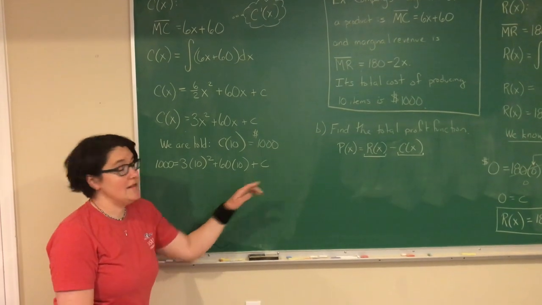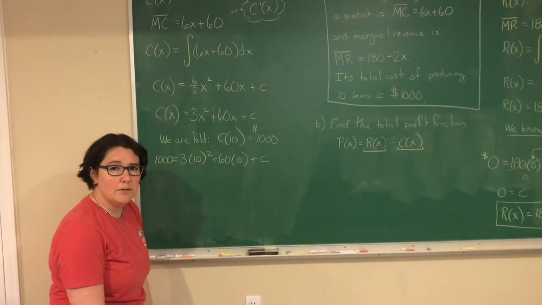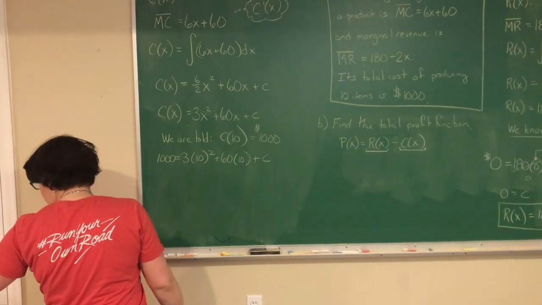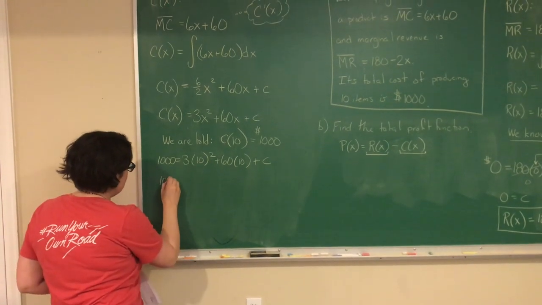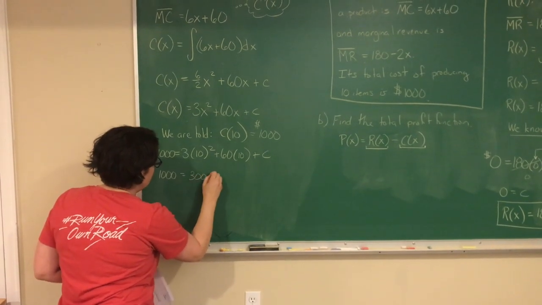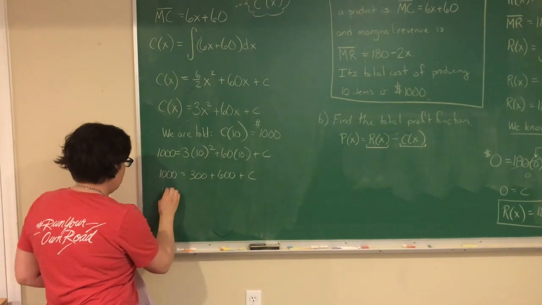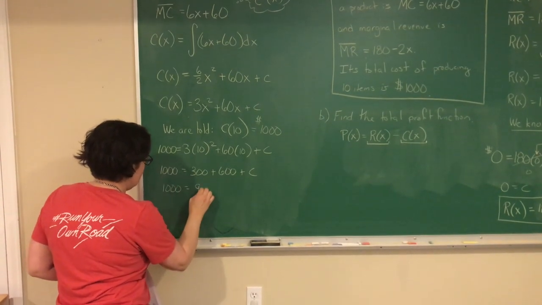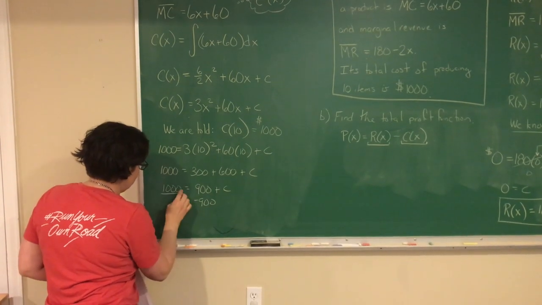Now, this is not as easy to solve as the last one over with revenue. We had 0 plugged in, so that was easy to deal with. Here we don't have 0. Instead, I need to do a little bit more math. So we have 1,000 is equal to 300 plus 600 plus c. So 1,000 is 900 plus c, and I can subtract the 900 from both sides.